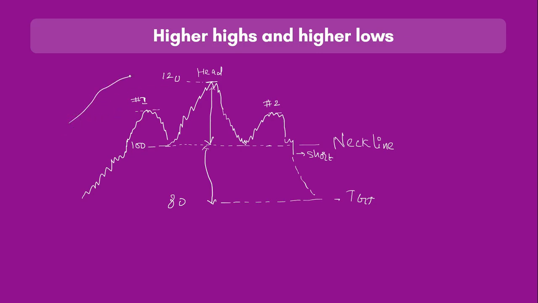Because in the first half of the pattern we had a higher high: shoulder one and then the head are forming higher highs. But then shoulder two is forming a lower high, and when the first low is broken here, it is set to create a lower low. Lower high and lower low mark a downtrend, because of which, once the neckline is broken, we short.